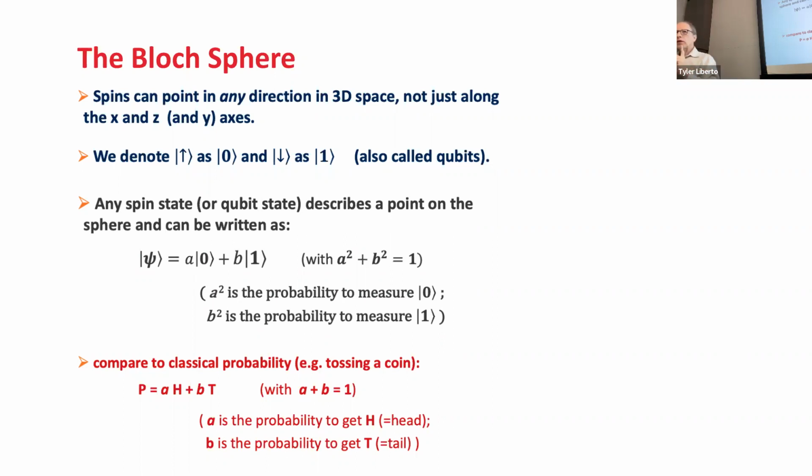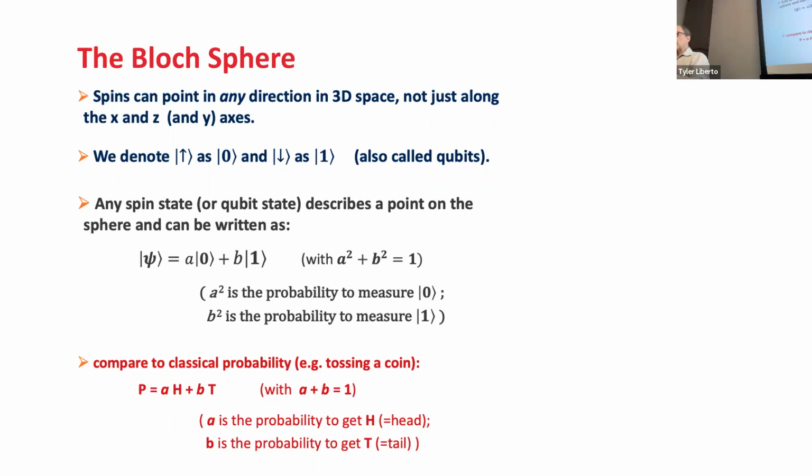So we denote in quantum computing the up ket as a 0 ket and the down ket as a 1 ket. And we call these not electron spins, but qubits. The spin can be pointing anywhere in the three-dimensional space, but you have to normalize the system. That means all these vectors that describe the orientation of the spin have the length 1.